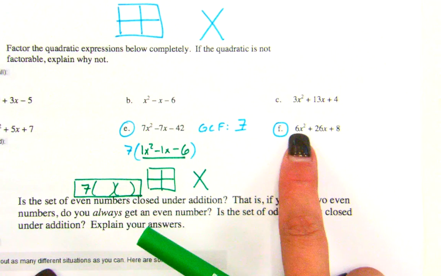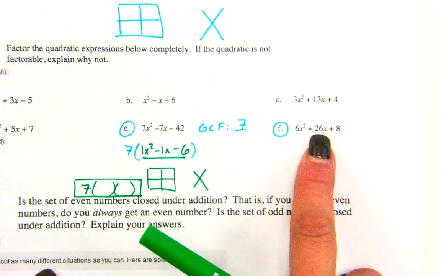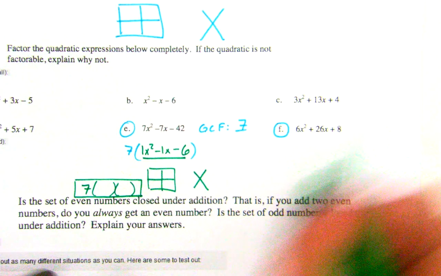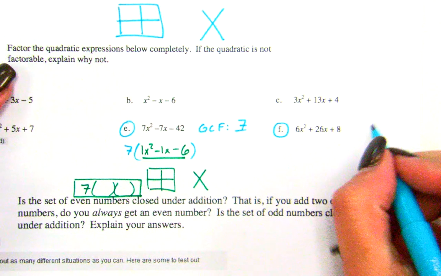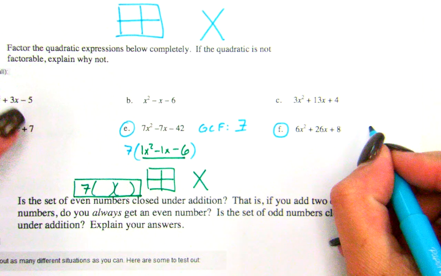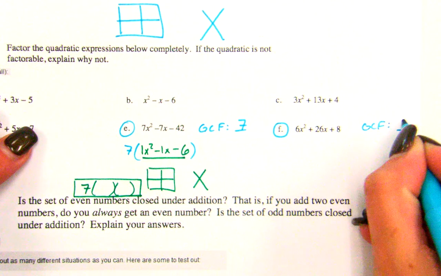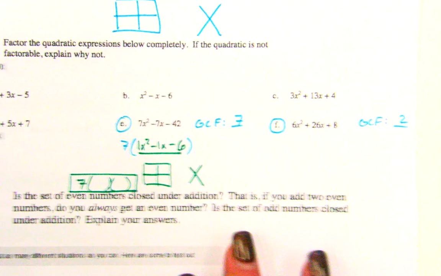And the same thing for F. What do 6, 26, and 8 have in common? The only one I can think of would be a 2, so your GCF would be 2.